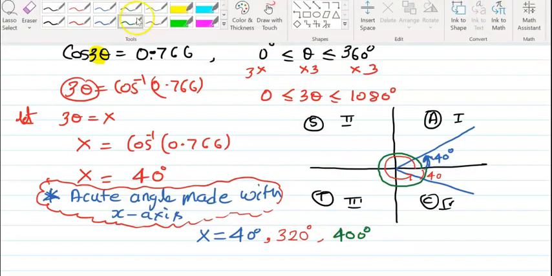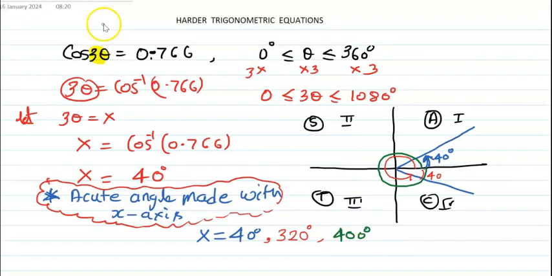Now the next angle, see my blue ink. You take one full round, this is 360, and then you stop here, which is 320.